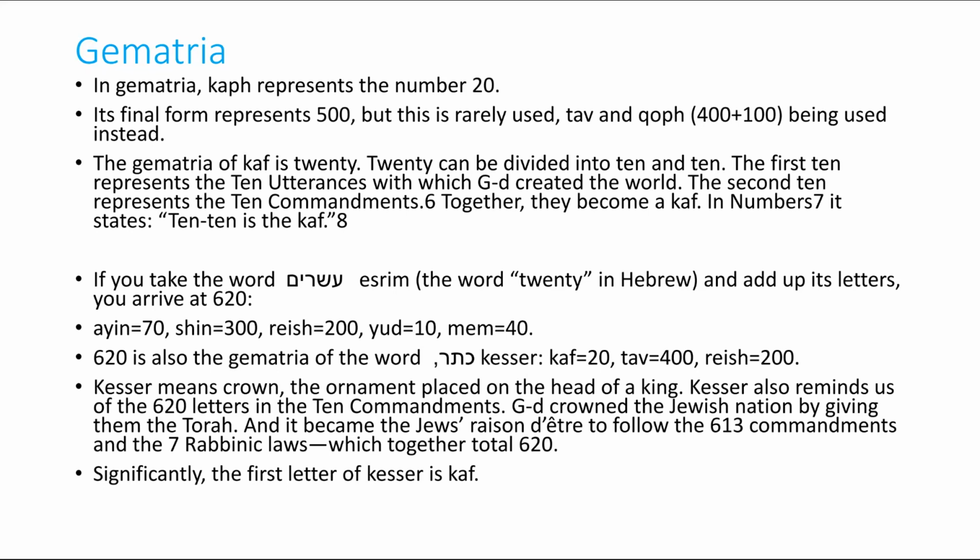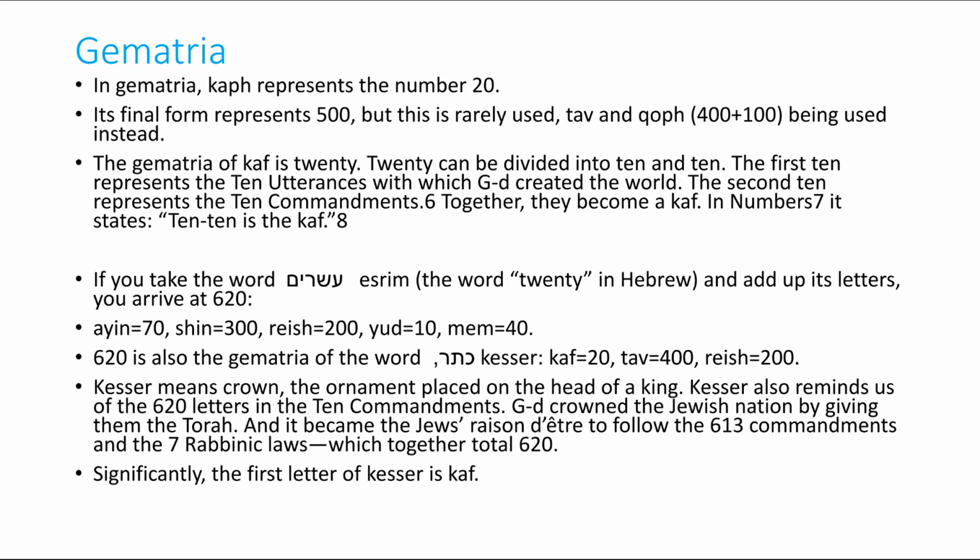If you take the word for 20, Esrim is the word for 20 in Hebrew, and add up its letters, you arrive at 620. Esrim is made of the letters you haven't come across yet, Ayin, Shin, Resh, and Mem. But when you add up their values, you get 620.